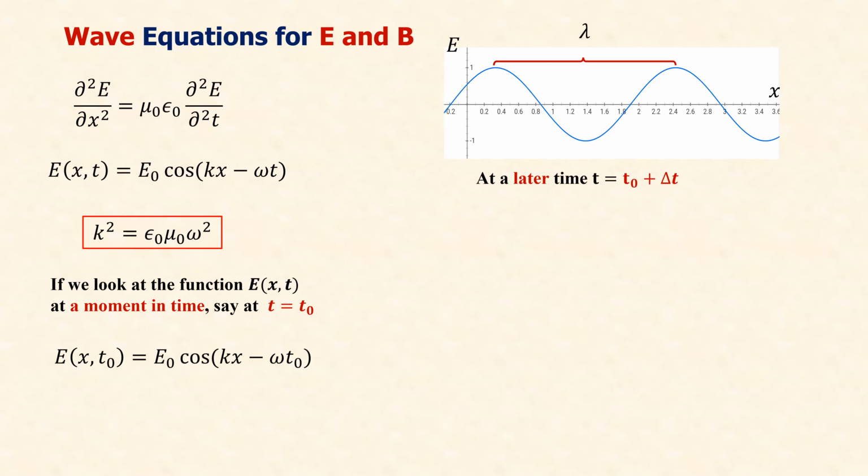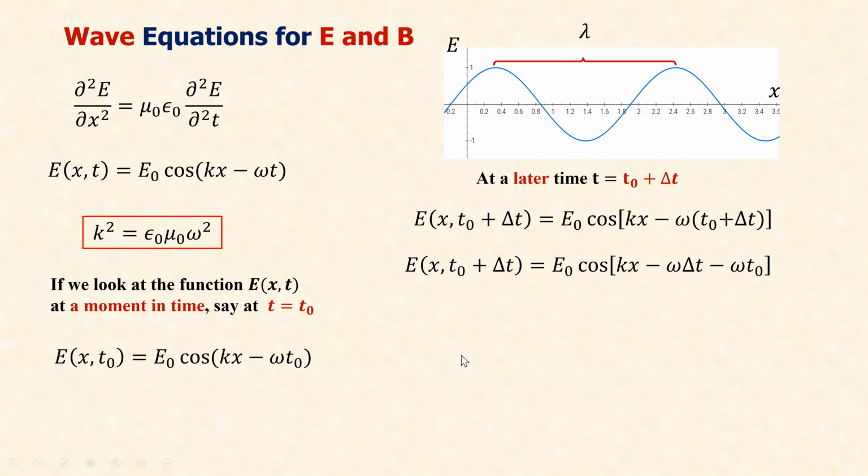At a later time t, which is t naught plus delta t, what will happen? So we put t equal to t naught plus delta t in here. E at x and t naught plus delta t becomes E naught cosine of kx minus omega times t naught plus delta t. I want to see what it looks like.